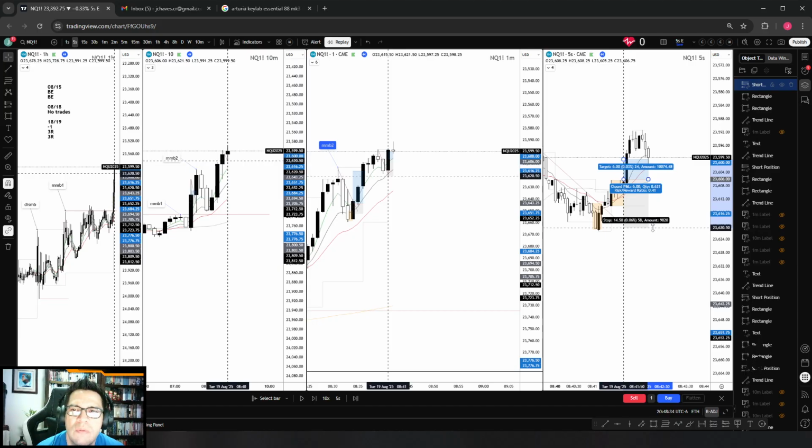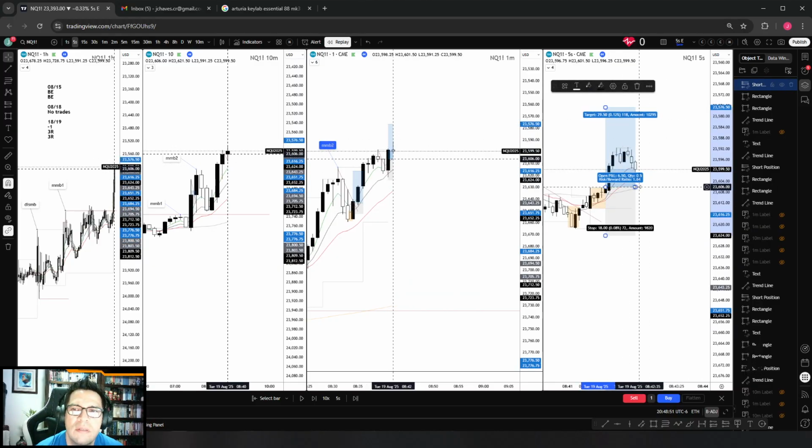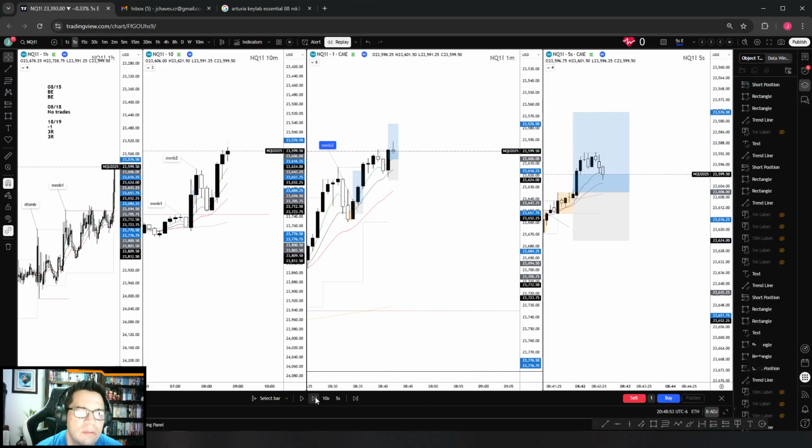In this case we have to go with this stop, around this area. Let's take a look at how that would have played out.